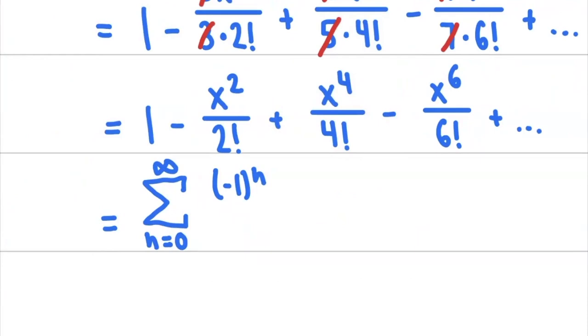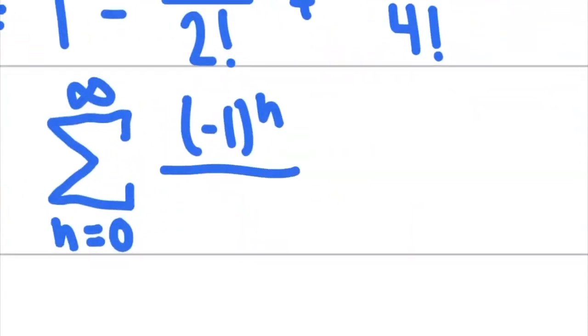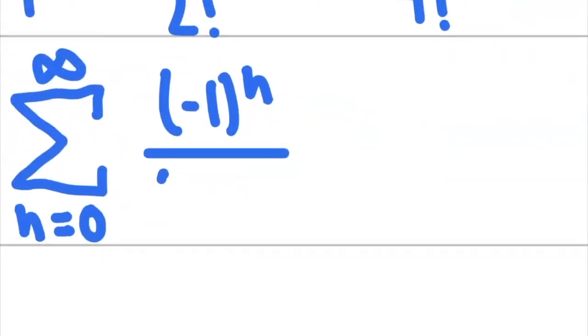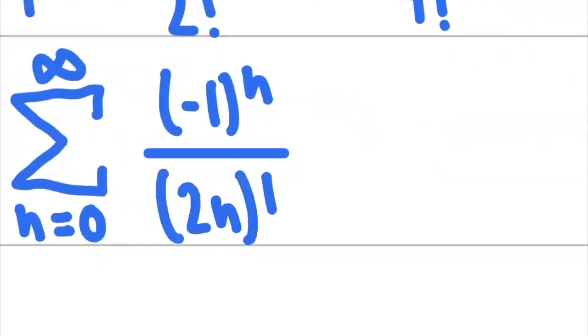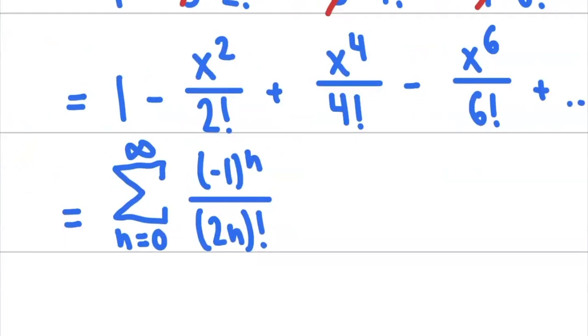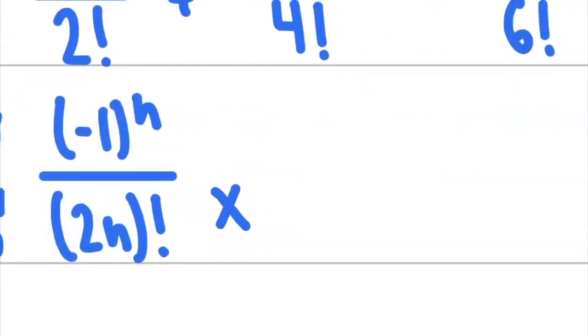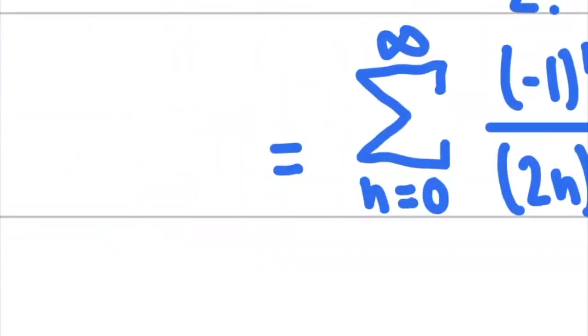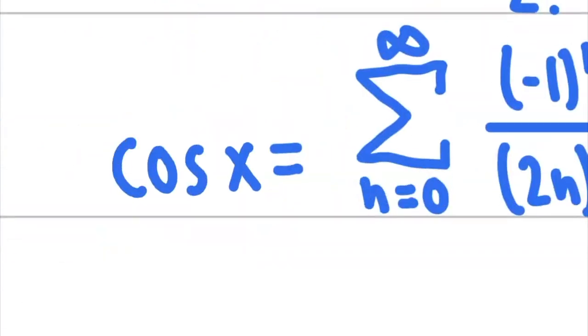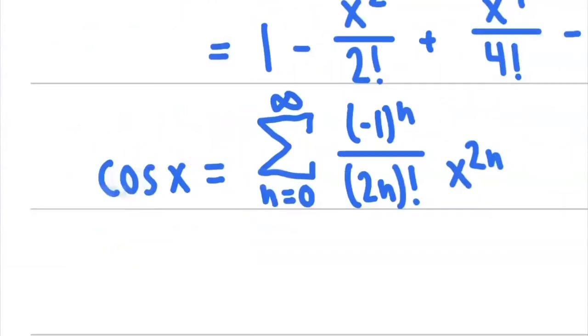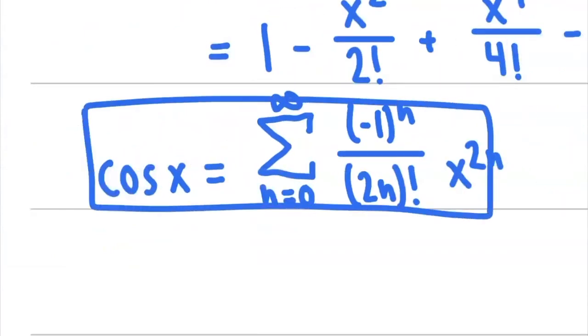Those are even values, and they can be described by 2n. So this is going to be over 2n factorial. And same thing with the exponents. The exponents are 2, 4, 6, they're even, so it's times x to the power of 2n. And that is the Maclaurin series for cosine of x.